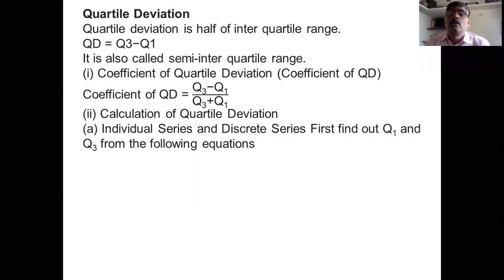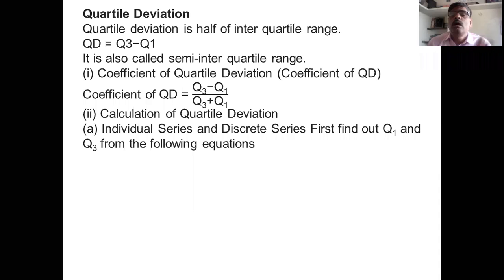If they ask you to calculate quartile deviation, first you calculate the quartiles. I explained how to calculate quartiles in the previous class. You must be perfect in calculating the median, and the only change is in the n and denominator.